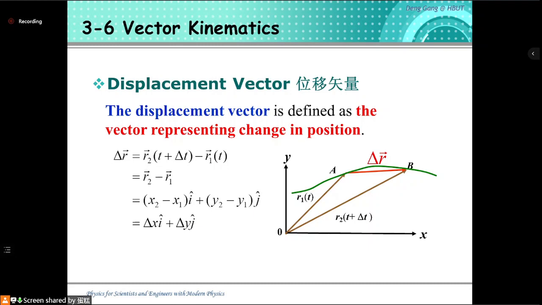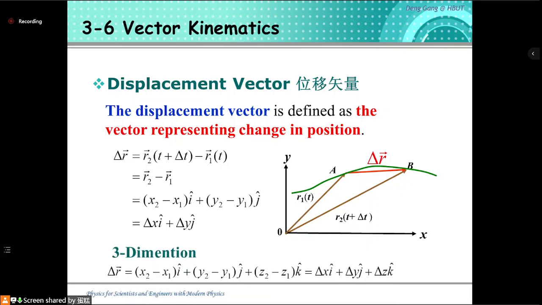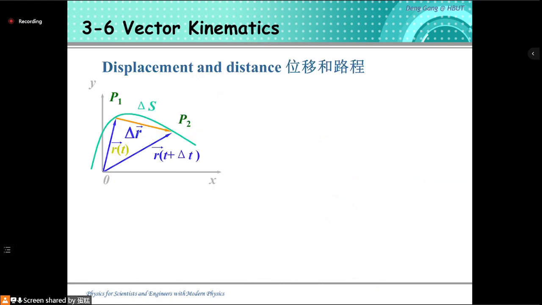For kinematics in two dimensions, we can use the component form to change it into two calculations in one dimension. So even for three dimensions, that is the same. We just change it into component form, and for each component, that's a one-dimension problem.